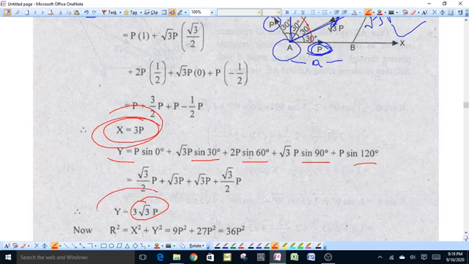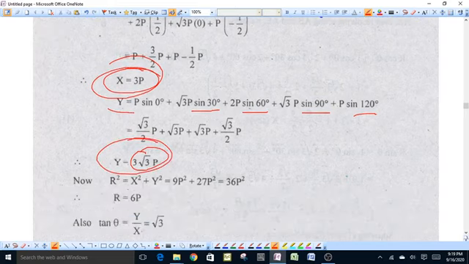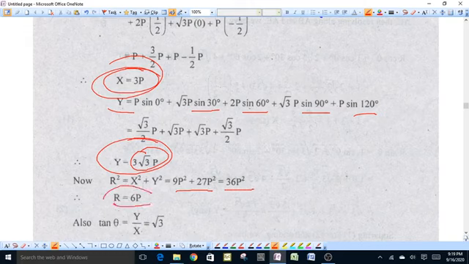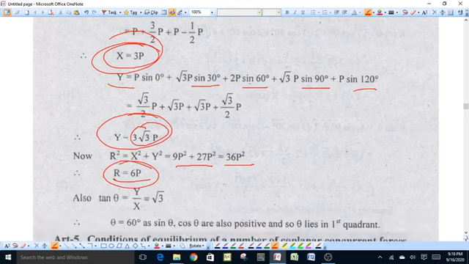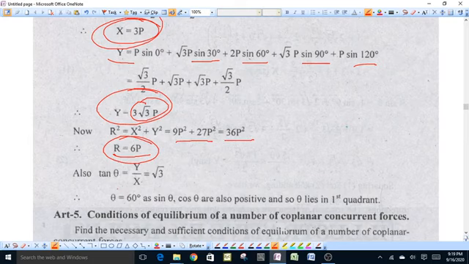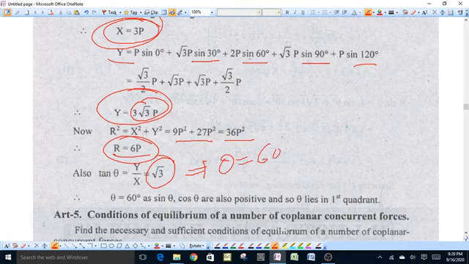Squaring and adding x and y, R squared is equal to x squared plus y squared, which is 9P squared plus 27P squared, coming out to be 36P squared. This means R will be equal to 6P. If we divide y by x, then we get tan theta equal to √3. This means theta is equal to 60 degrees.